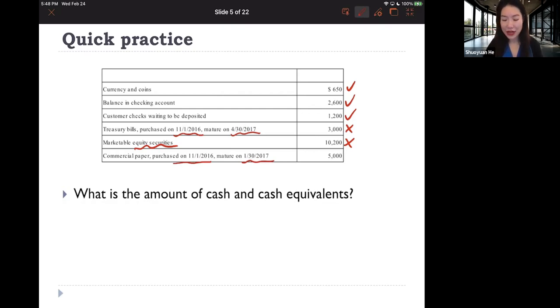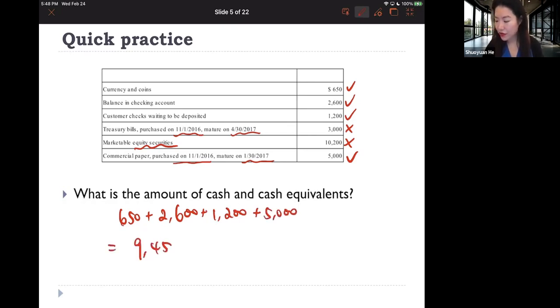So is this cash and cash equivalent? It is, right? Because it's within the 3 months. So the amount of cash and cash equivalent, we have 650 plus 2,600 plus 1,200 plus 5,000. So that's 9,450. So that is the amount of cash and cash equivalent.